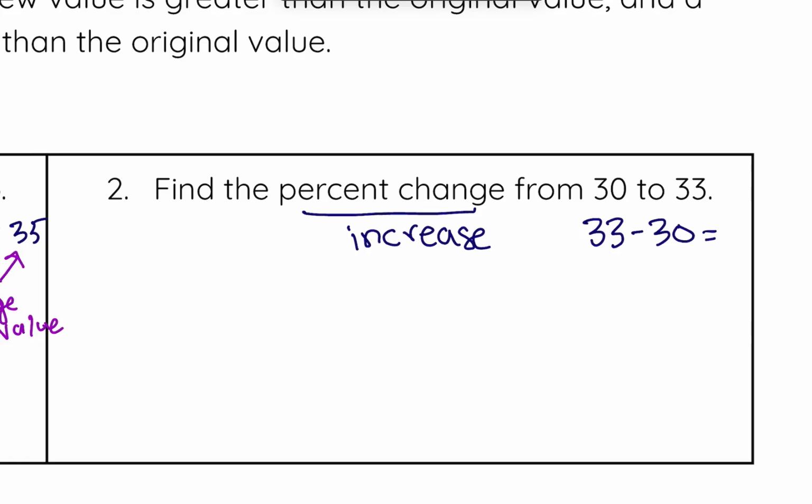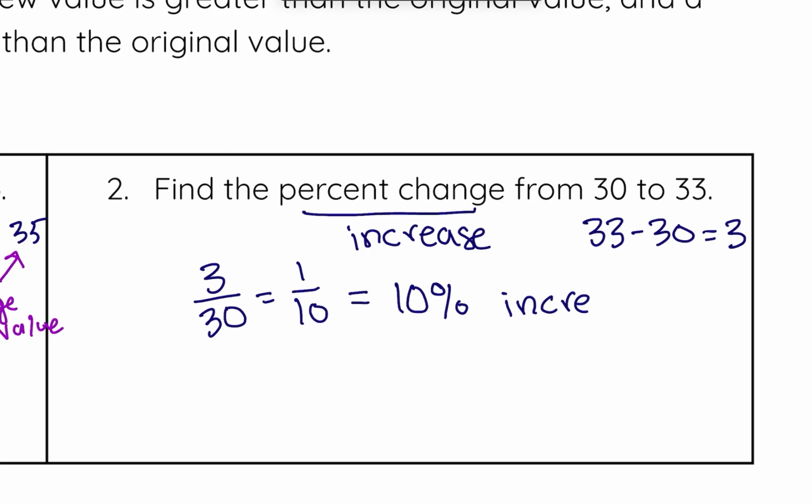We can subtract 33 minus 30, and that's going to be 3. We always do change in value over the original value, so 3 out of 30. 3 and 30 are both divisible by 3, so this fraction simplifies to 1/10, which we know is 10%. So the percent change is a 10% increase.